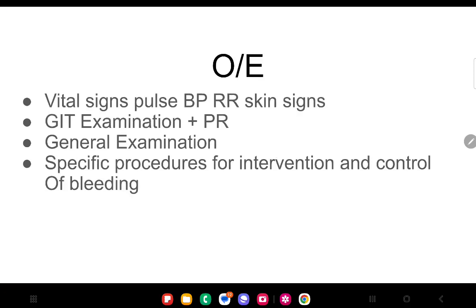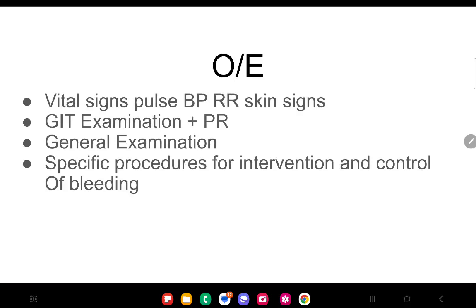You have to examine the patient: vital signs, pulse, blood pressure, respiratory rate, and skin signs, and you have to intervene directly by putting in two wide-bore needles for immediate intervention. You have to give IV fluid, two liters of normal saline, if the bleeding is excessive and the circulation is jeopardized.